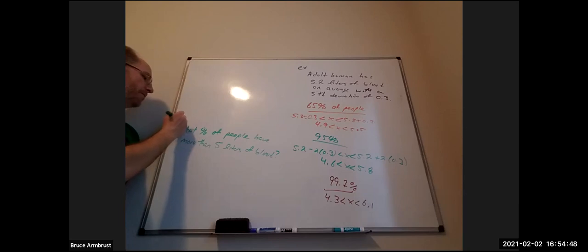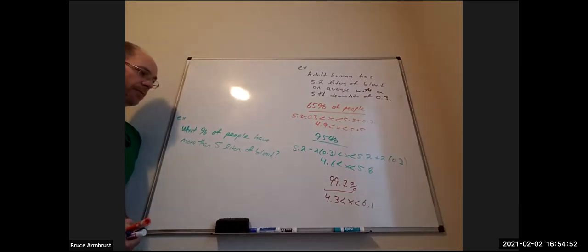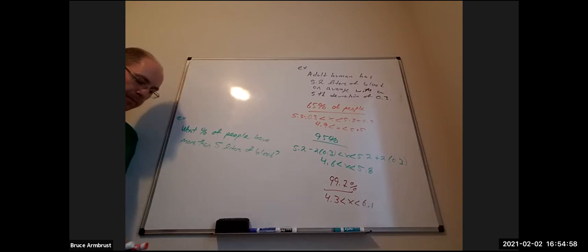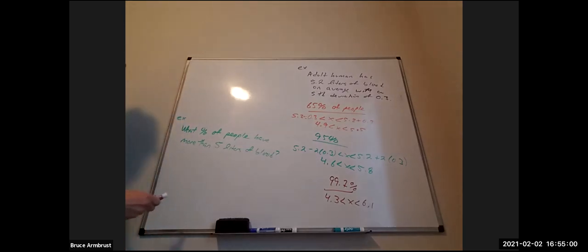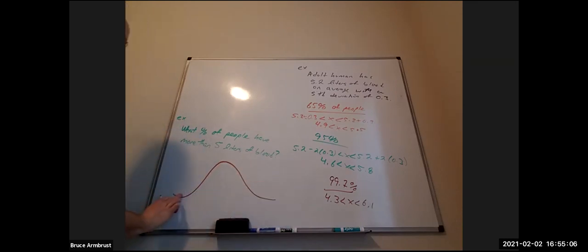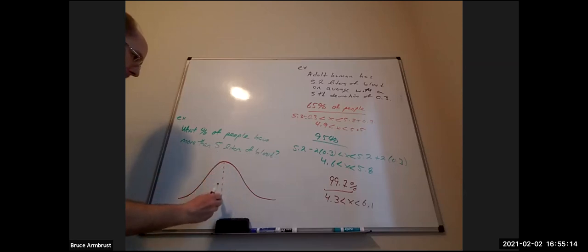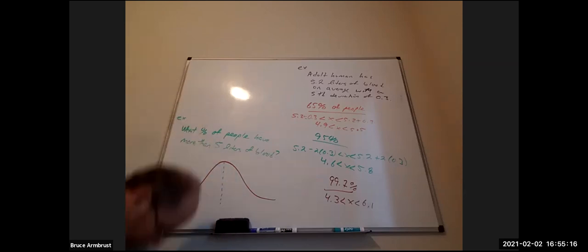This is the next question I want to answer: what percent of people have more than 5 liters of blood? So let me draw a picture here. Here's our normal distribution. I know that the mean was 5.2.